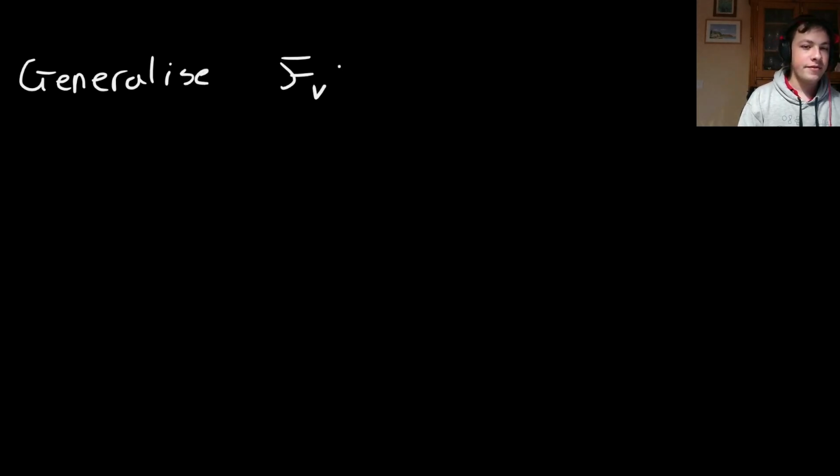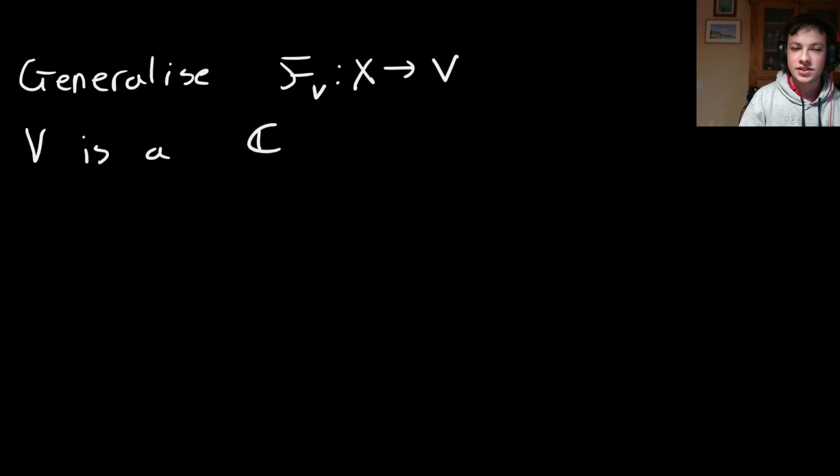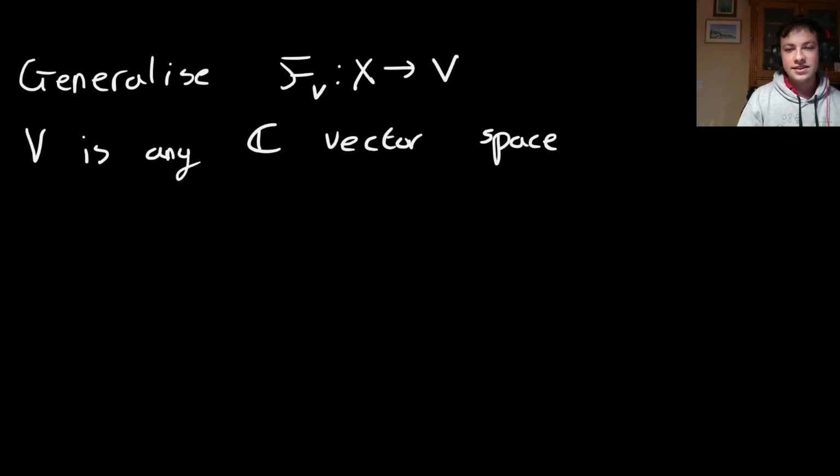We can generalize to f subscript V, where now we're taking functions from x into V, where V is any complex vector space. And this is not hard to generalize.